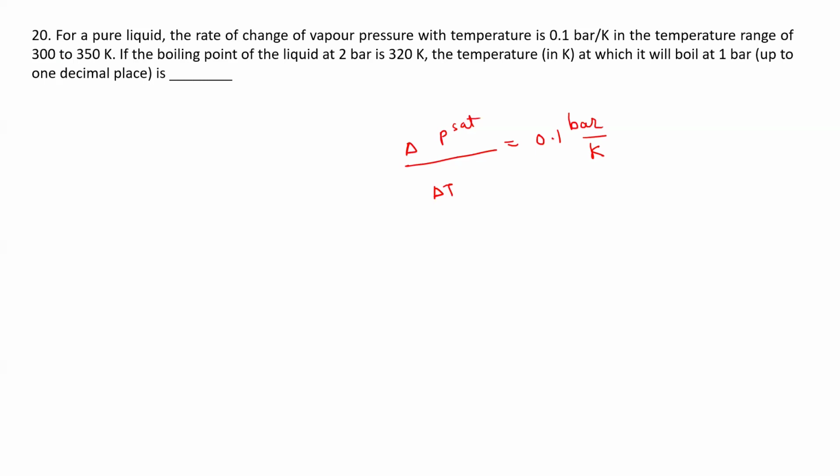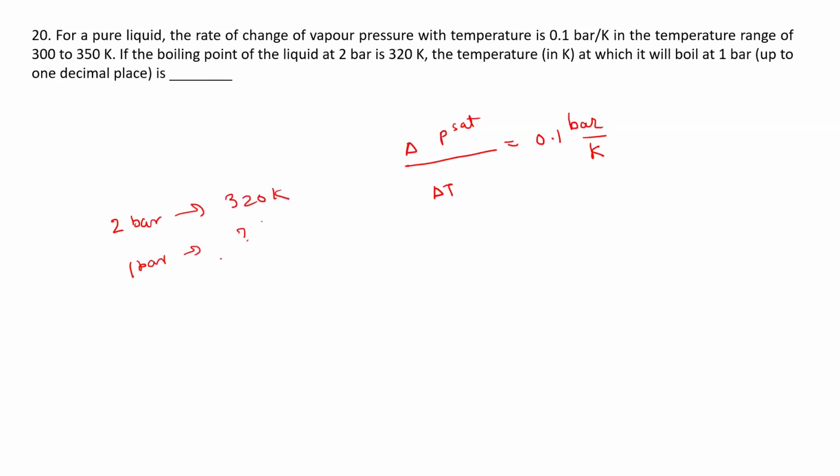If the boiling point of the liquid at 2 bar is 320 Kelvin, so 2 bar at 320 Kelvin, then 1 bar at how many Kelvin?